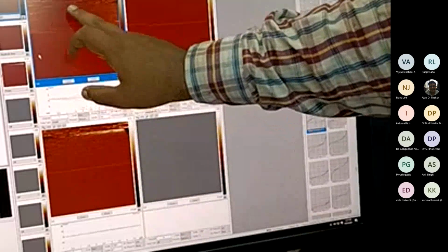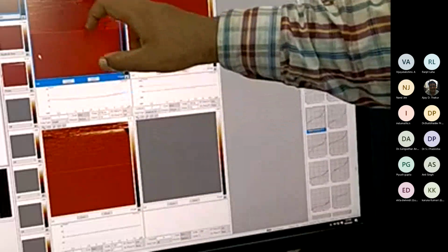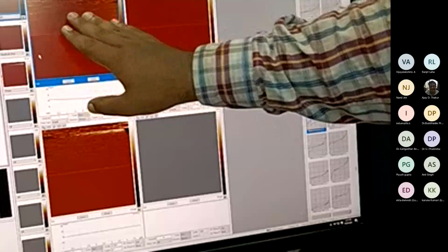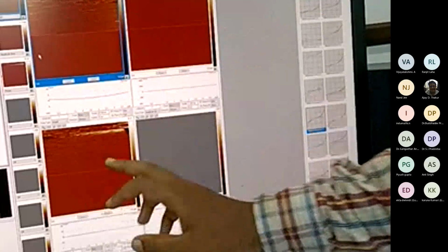Then in amplitude and height their features will be the same, but in phase there might be a difference. So sometimes the phase image is helpful.